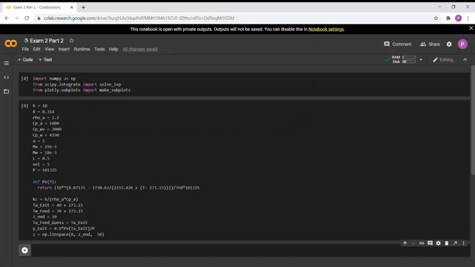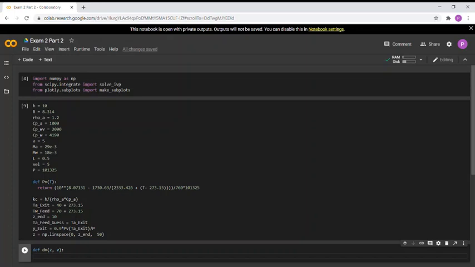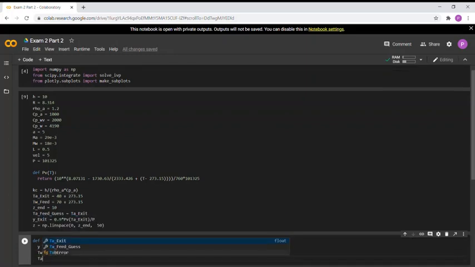Next, we will have our dv, z and then v. We have y is v0, temperature of water is v1, temperature of air is v2.